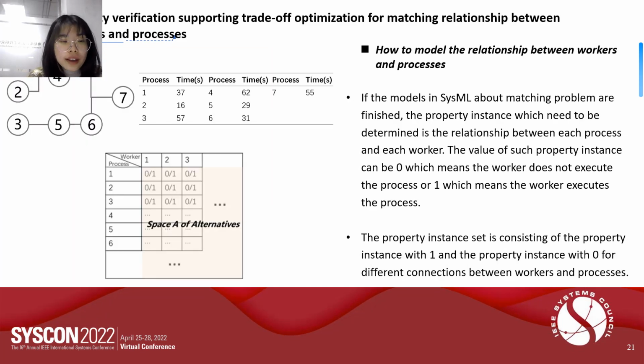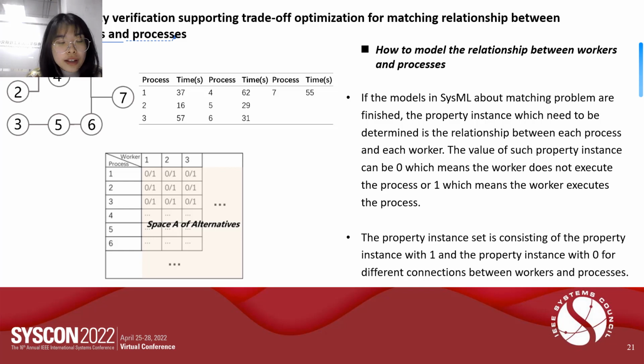So, once the models in CSML about the matching problem are finished, the property instance which needs to be determined is the relationship between each process and each worker. The value of such a property instance can be 0, which means the worker does not execute the process, or 1, which means the worker executes the process.